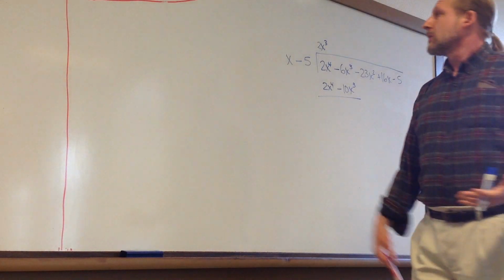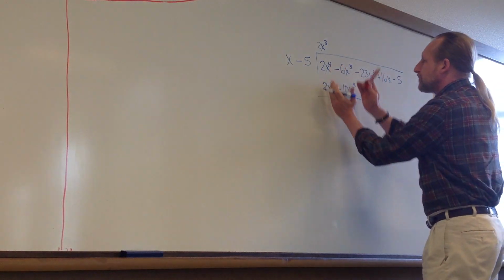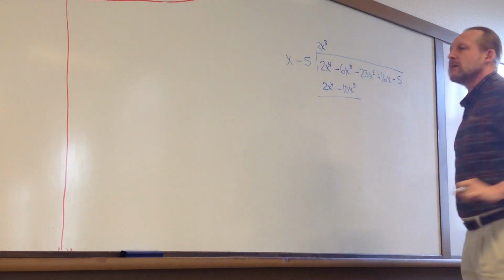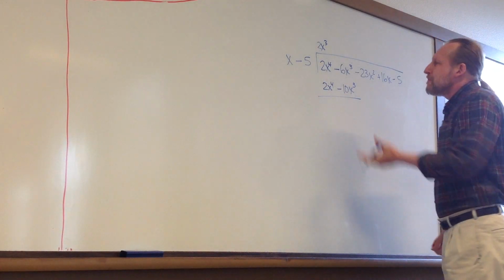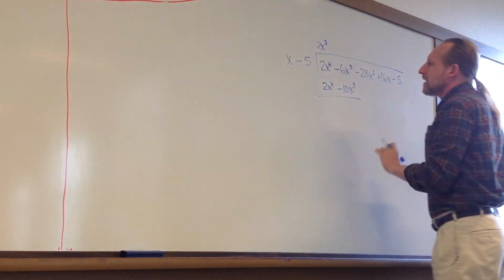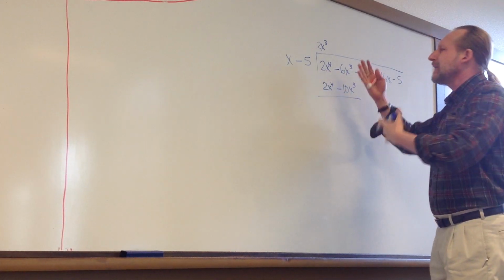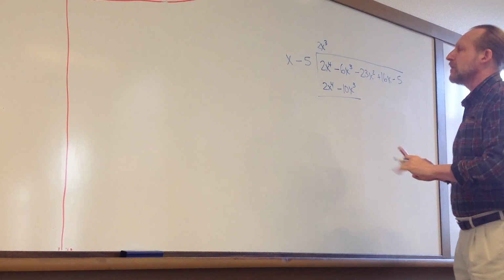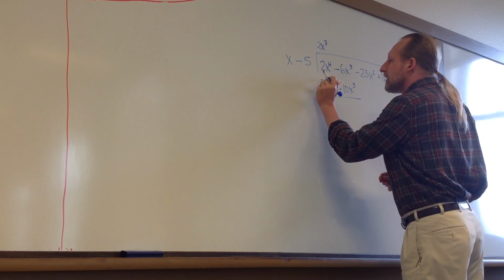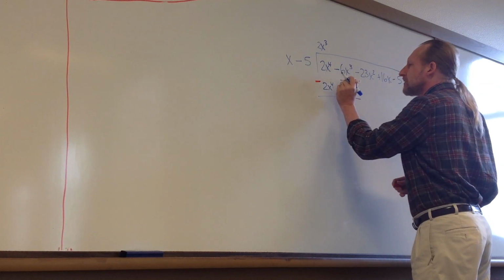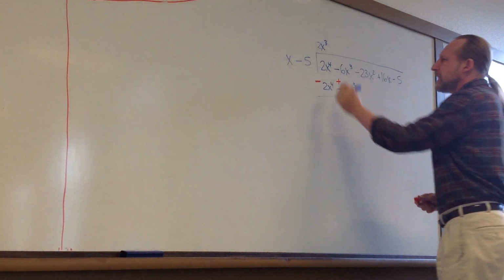Now the long division process says we want to subtract this piece from what we've got up here. The reason we do that is because we want to match everything that's up here. This is what we're getting from the multiplication, so when we subtract, this will tell us what else we need. If we subtract here, that makes this minus 2x to the fourth and this positive 10x cubed, so these cancel out.